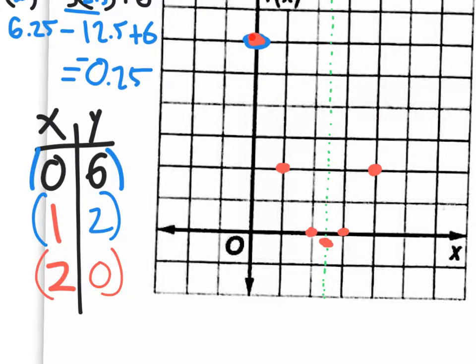And the final one is 2 units and a half, so 2.5 the other way. There's half, there's 1, there's 2, put a dot right here. Okay guys, so we have this parabola. All we need to do is draw the line right through the parabola. Let me do that.